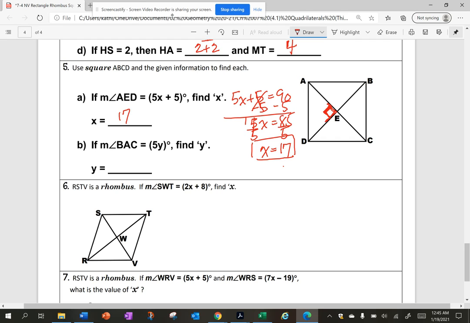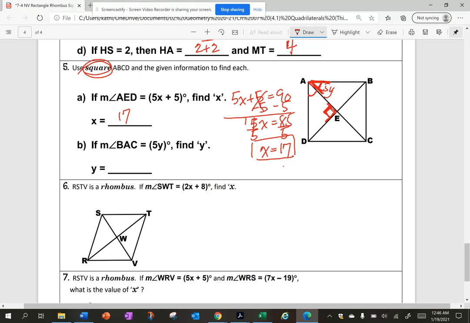If the measure of angle BAC, so it's talking about this angle here, is 5y, find the value of y. So one of the properties of a square is these angles are bisected.